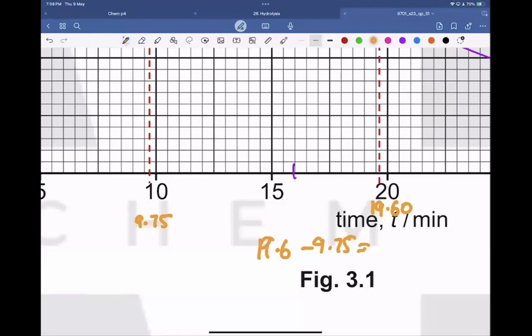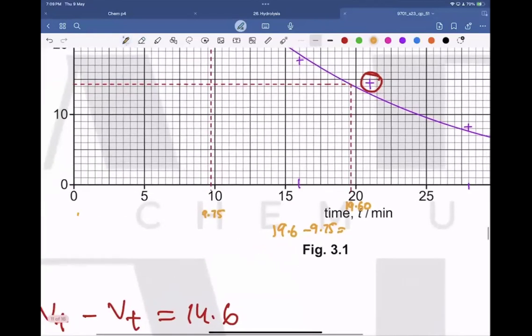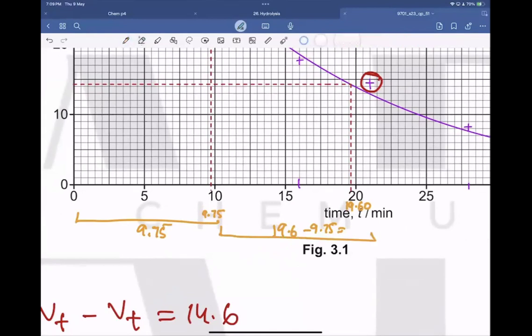Can anyone tell me the range over here? What is the difference I'm getting? So see, the first half-life is 9.75. What is the difference over here? So see, the second half-life is also 9.85. So we are getting a similar half-life. It means that the order is first. Is this understandable?